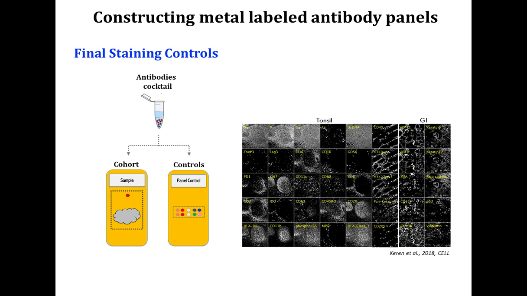Data emerging from this internal control will be examined for change in signal intensity of the positive populations. In parallel, a TMA section will be stained with a sample of interest or cohort in order to provide further quality control of assay performance or to see if other potential issues emerge during the staining.